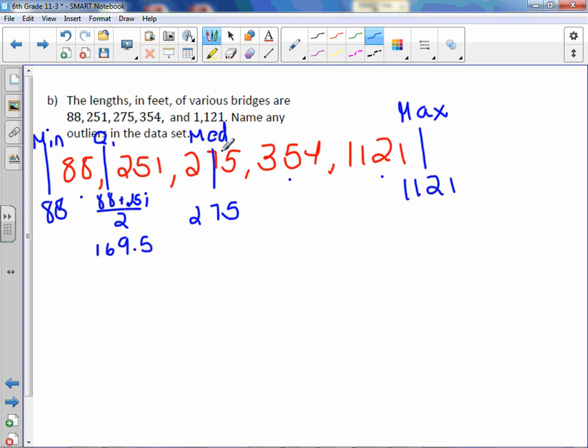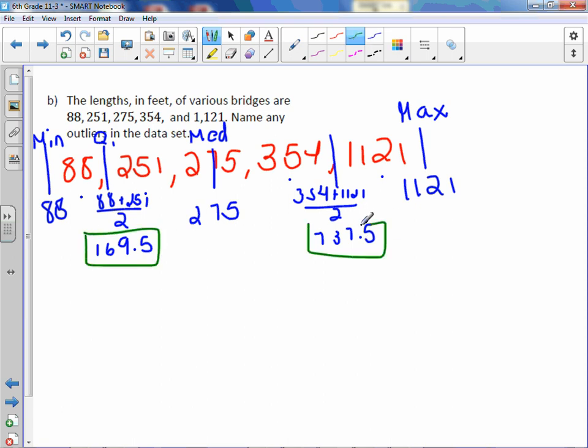On the right-hand side, again, we don't use 275. We only have two numbers, so put the line in between the two numbers. And this is 354 plus 1,121 divided by 2. And that gives us 737.5. So we're actually going to have a pretty big interquartile range.